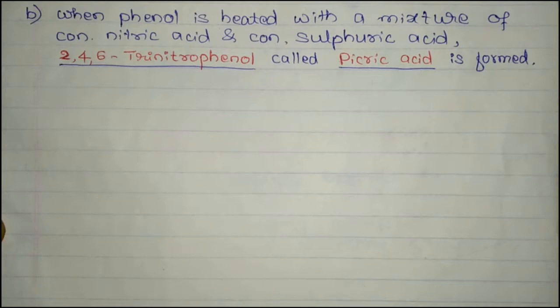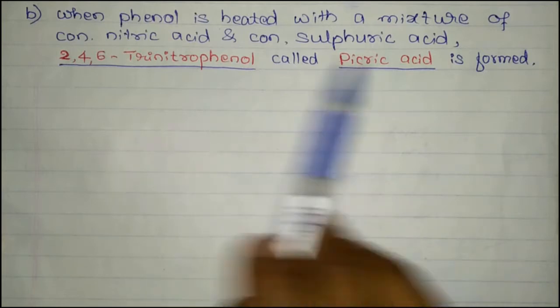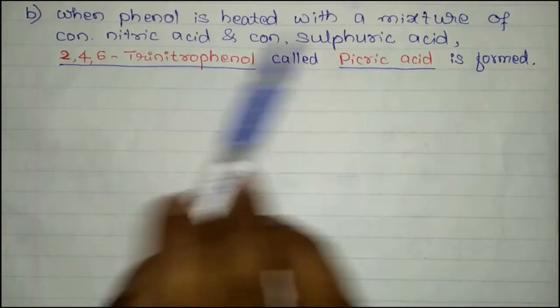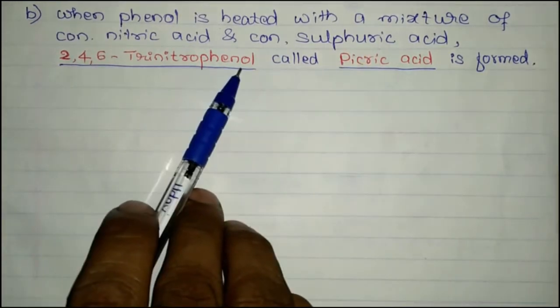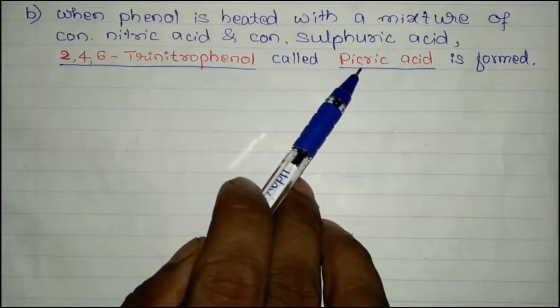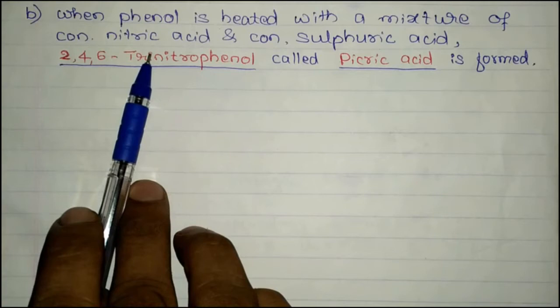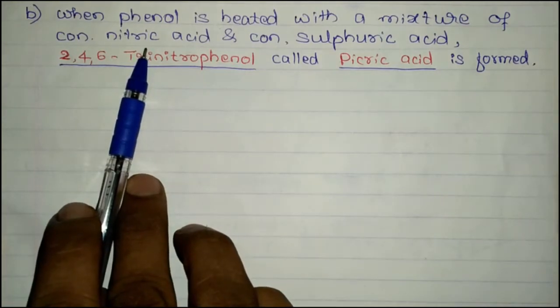Next reaction: when phenol is heated with a mixture of concentrated nitric acid and concentrated sulfuric acid, known as nitrating mixture, we are going to get 2,4,6 trinitrophenol, commonly called picric acid. If dilute nitric acid is used, you get a mixture of ortho and paranitrophenol.